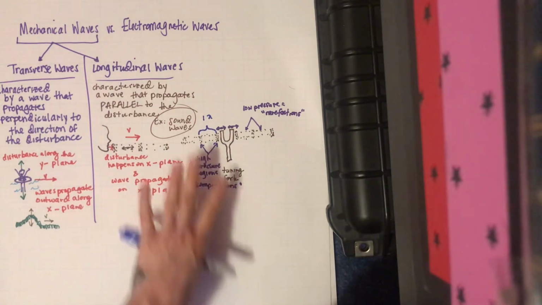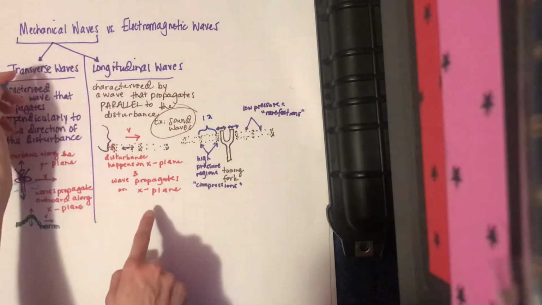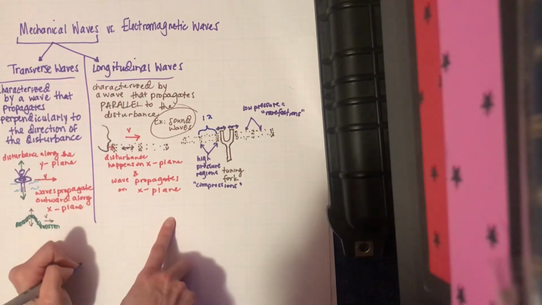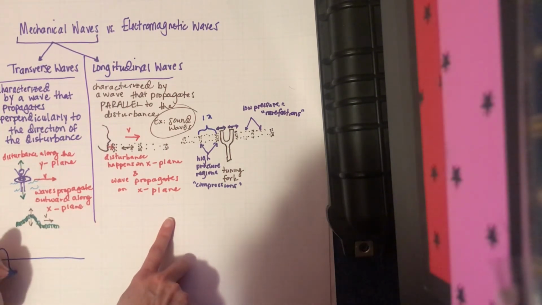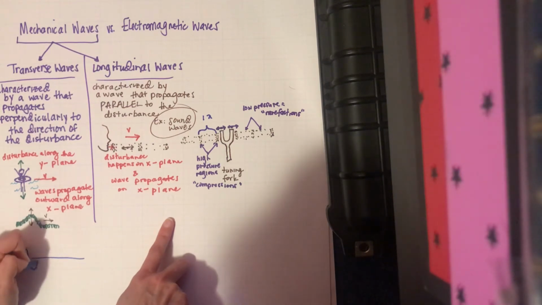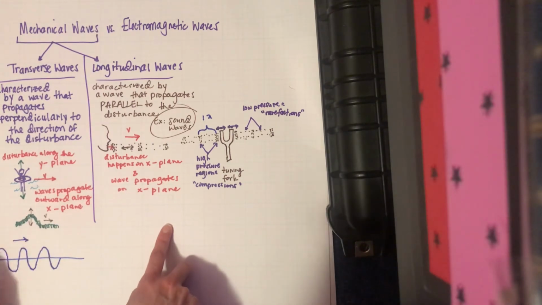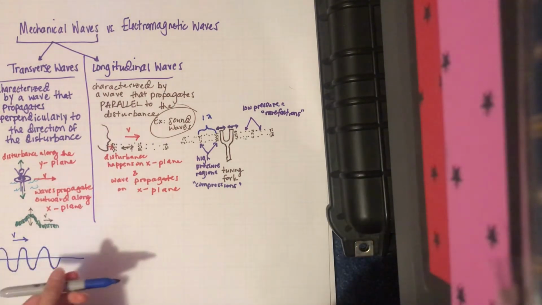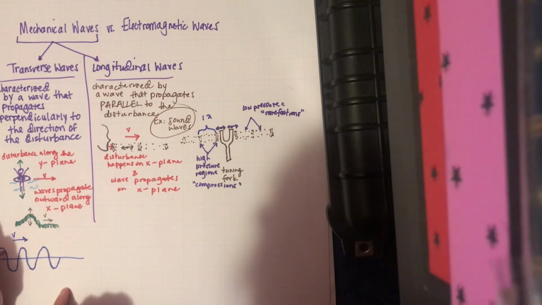So now I want to go back to transverse waves, and I want to talk a little bit more about them. Transverse waves, again, are characterized by a disturbance that happens vertically, but results in horizontal movement. So this wave is going to travel to the right, and let's say I want to predict where an object experiencing this wave will be in the next moment.